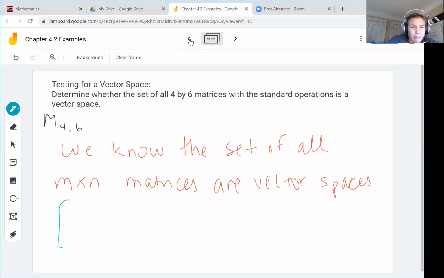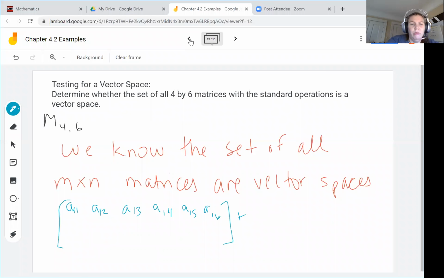Let's see, 4 rows and 6 columns. So you'd have A11, A12, A13, A14, A15, A16. You could see this is going to take a bit.